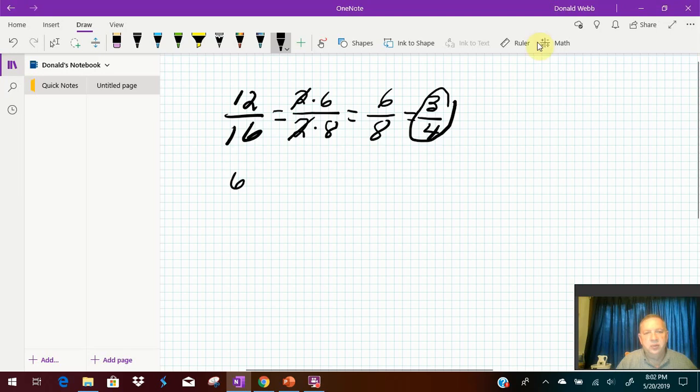How about 65 divided by 80? I can get 5. I know both of these are divisible by 5.